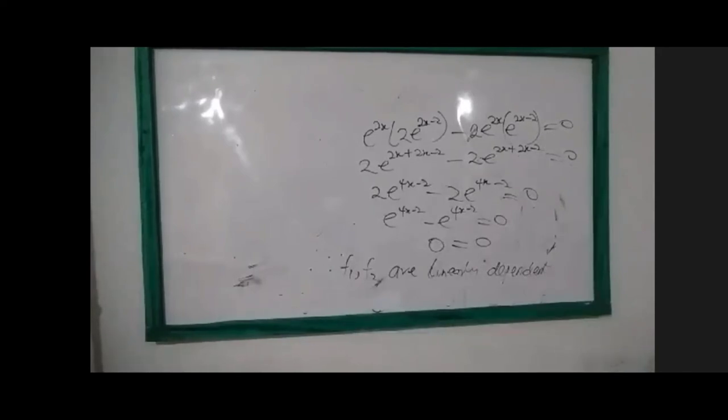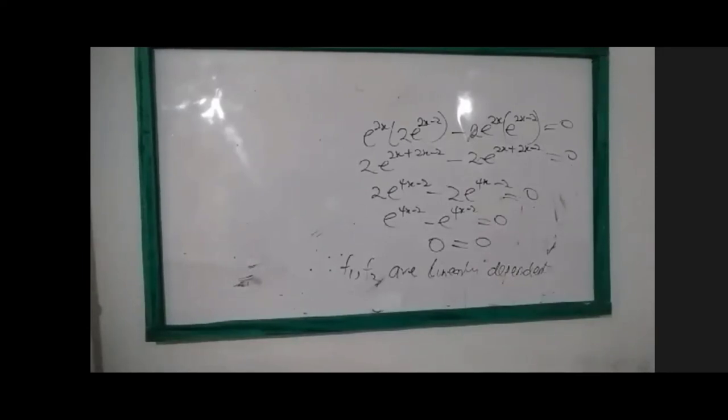Okay. So with the Wronskian method, the idea is that it is to guide us to find the determinant of the set of functions that is given. I hope you are getting it.